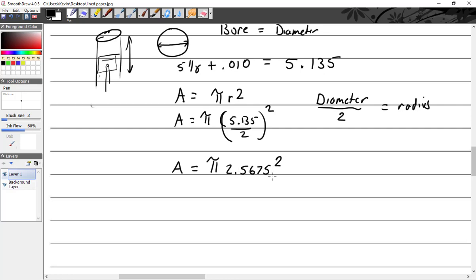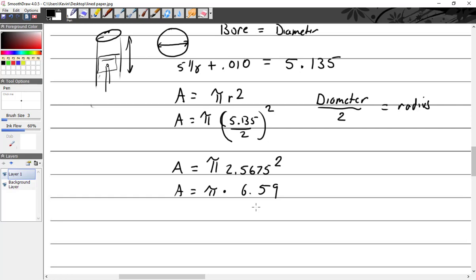It's already sitting in your calculator. All you have to do is hit the x squared button. So area equals pi times 6.59 and a bunch of other stuff. I'm just leaving it on my calculator, not actually changing it to 6.59. Now I'm going to multiply it times pi.